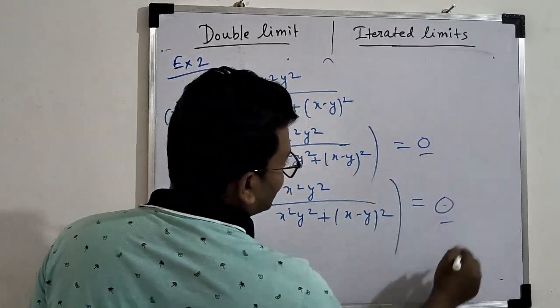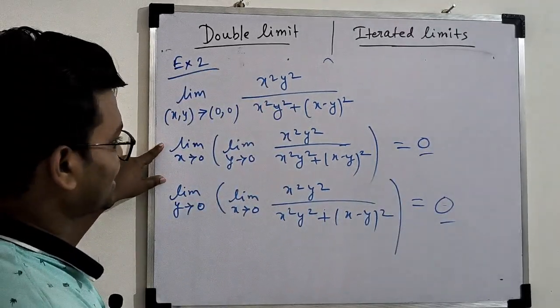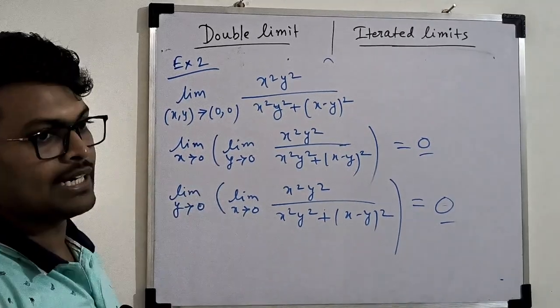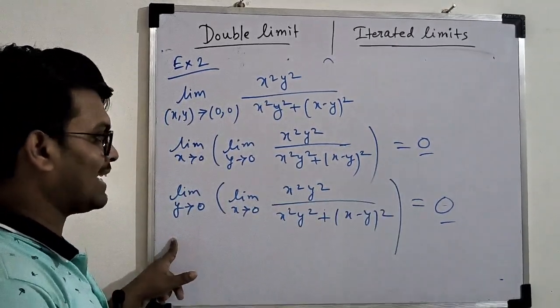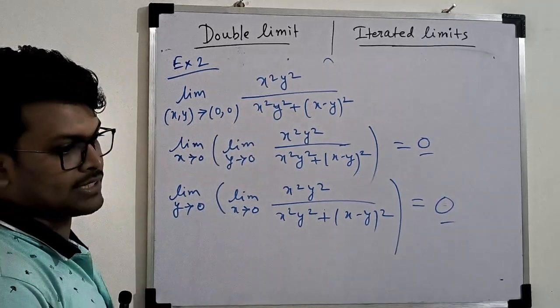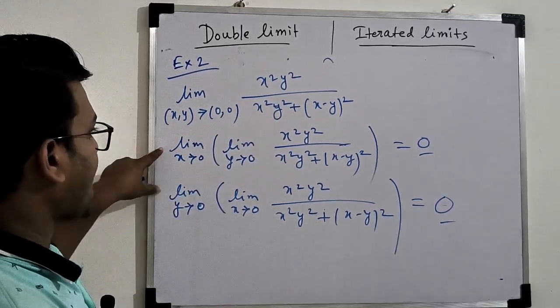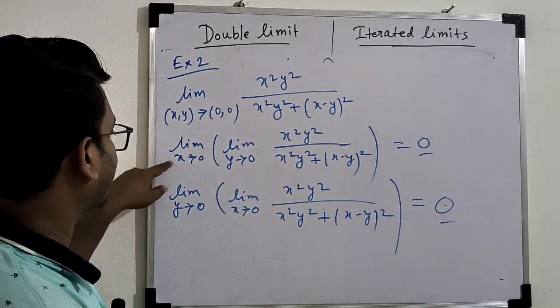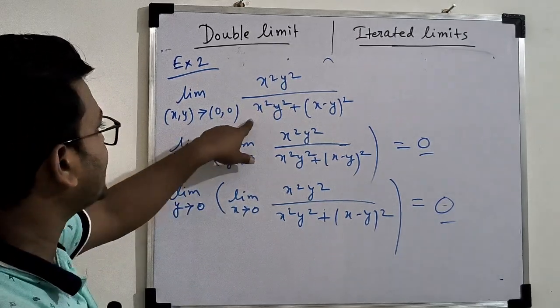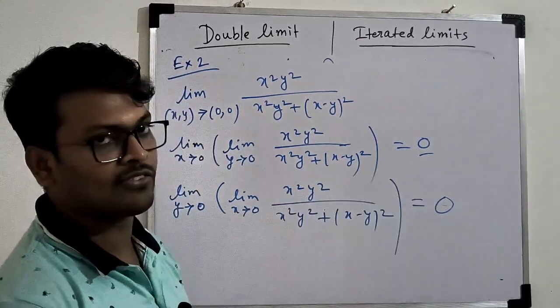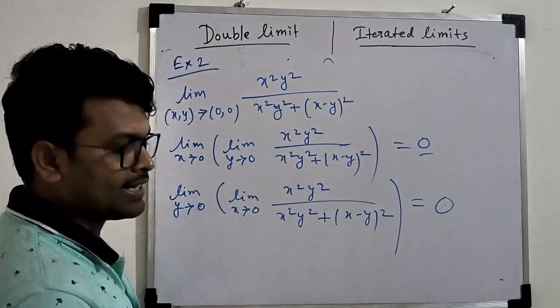So these are the same, but if these two iterated limits are equal, we may not conclude from here whether the double limit exists or not, because there may be another path through which (x,y) approaches (0,0) but the limit becomes different from 0. So we find that path.